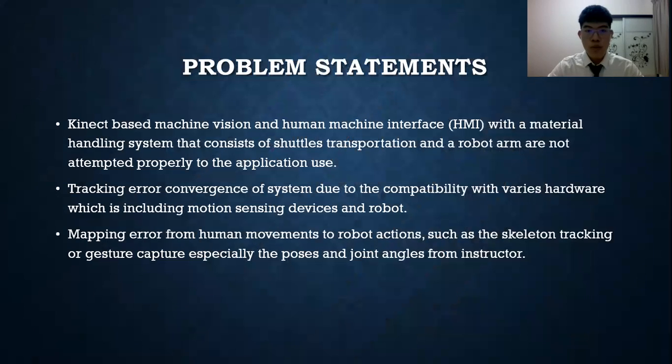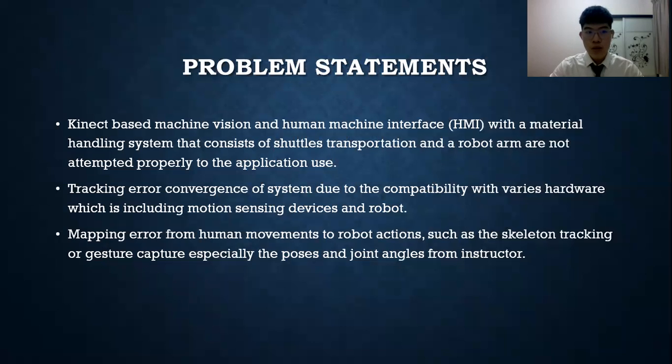So we proceed to the purpose statement for my project. The first one is that the Kinect-based machine vision and the human-machine interface with a material handling system that consists of shuttle transportation and the robot arm are not attended to properly for the application use.